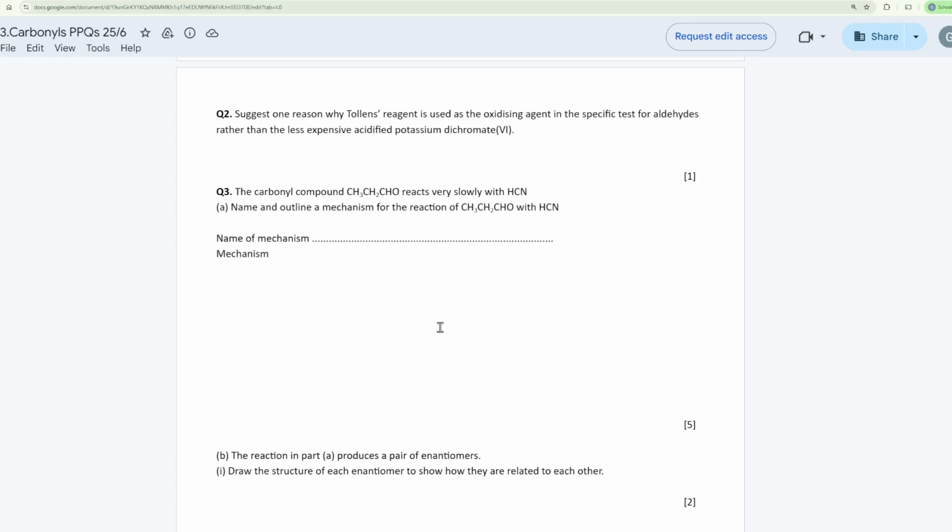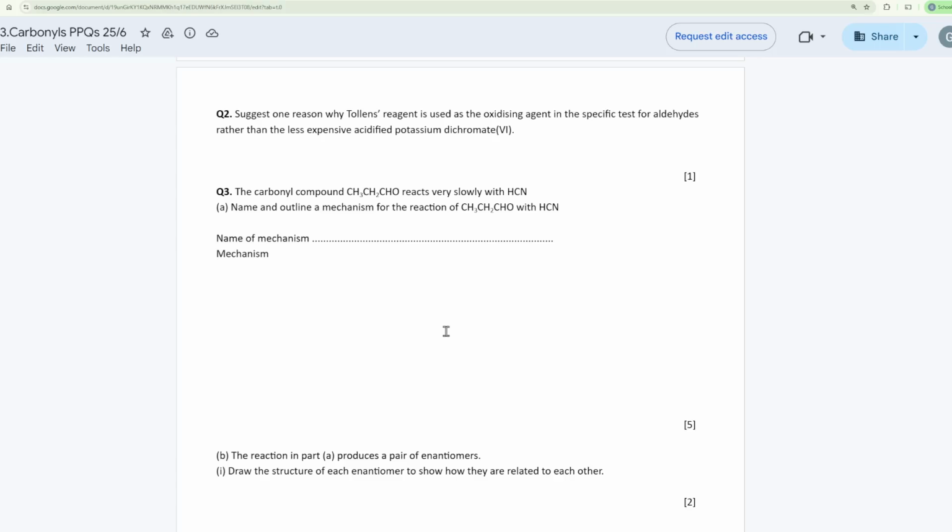Give one reason why Tollens' reagent was used as an oxidizing agent in the specific test for aldehydes, rather than the less expensive acidified potassium dichromate. Acidified potassium dichromate can oxidize both ketone.